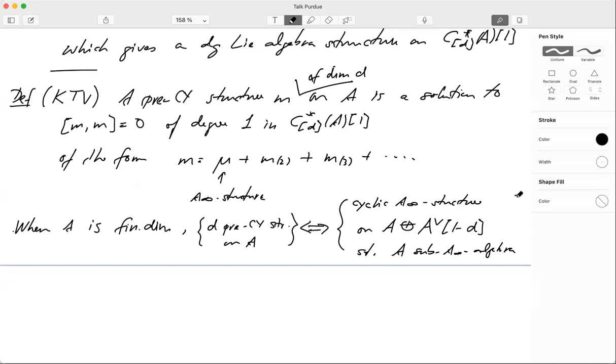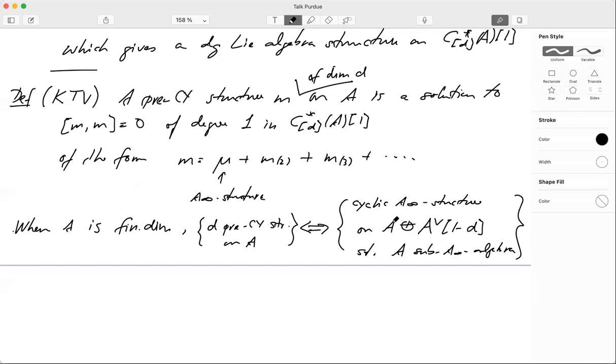So in the finite dimensional case, a pre-Calabi-Yau structure is just a cyclic A infinity structure on the sort of doubled A. The commutative picture should be something like: a pre-Calabi-Yau structure is not a symplectic structure, but some deformation of a symplectic structure of M inside of T star M, something like that.